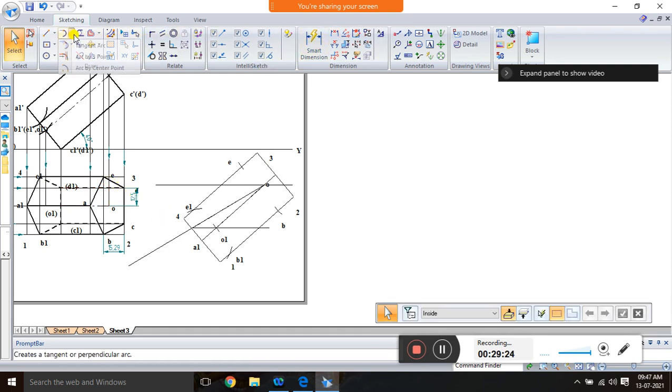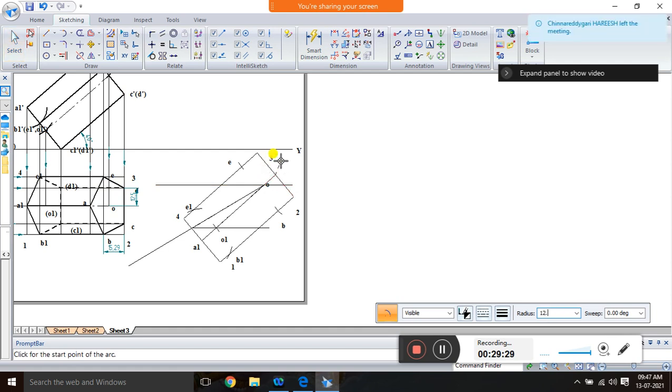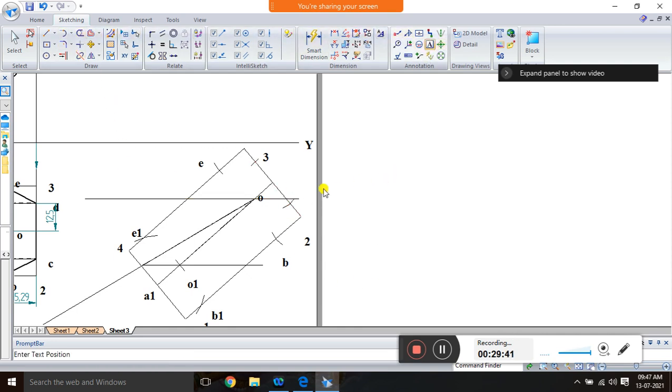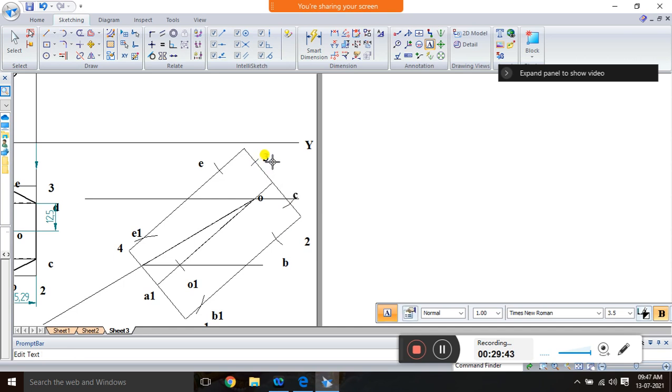Use the same compass, place it at 12.5, cut the arc, and place it at 12.5, cut the arc. You can name this as C and this as D.